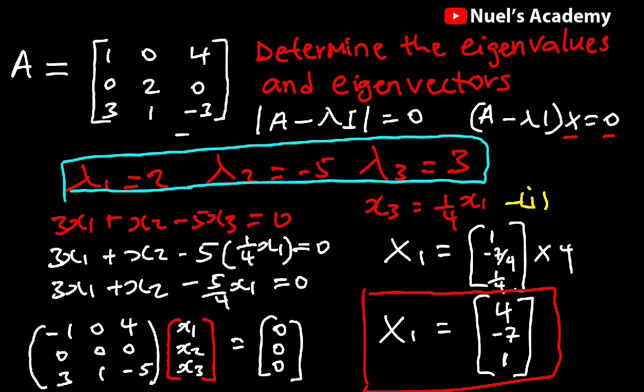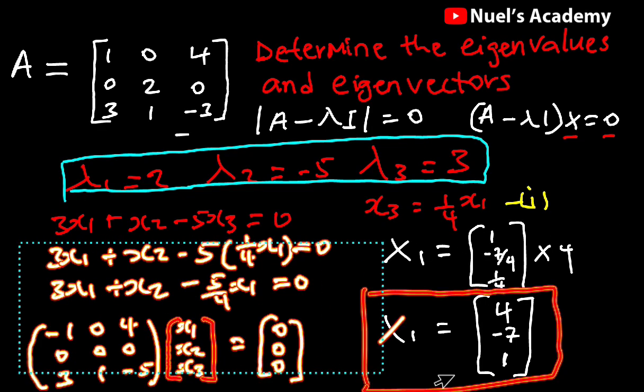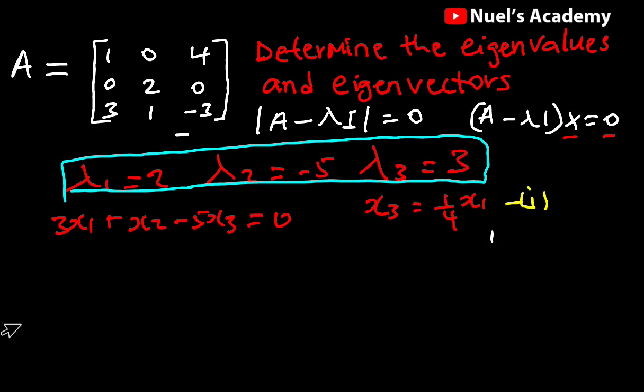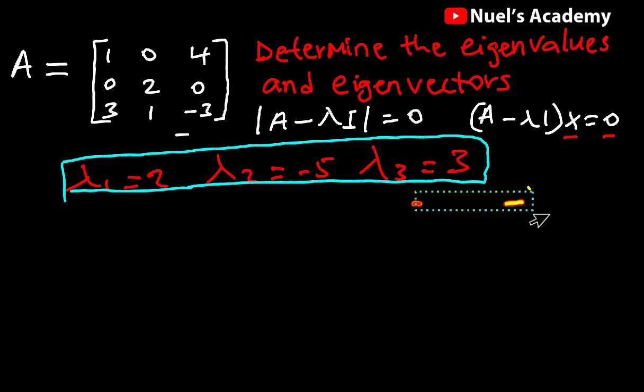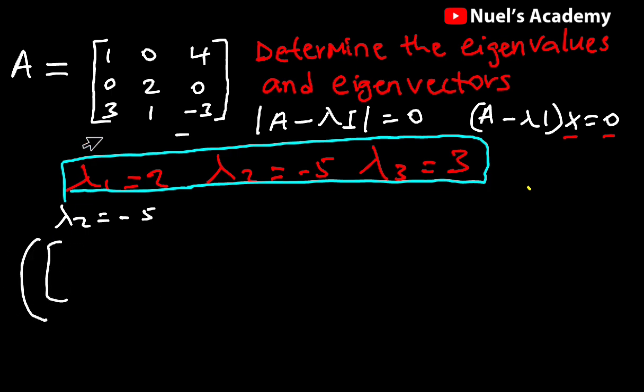So let's go ahead and solve for the eigenvectors when lambda 2 is equal to negative 5. So when lambda 2 is equal to negative 5, we are still going to use this equation here. We have that A is equal to 1, 0, and 4, 0, 2, 0, and 3, 1, minus 3.